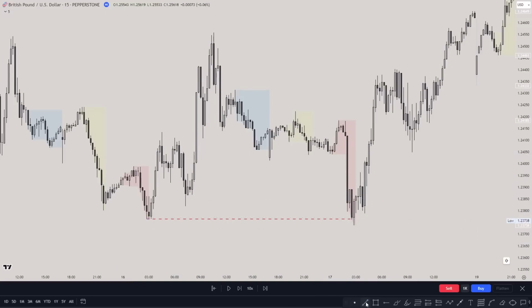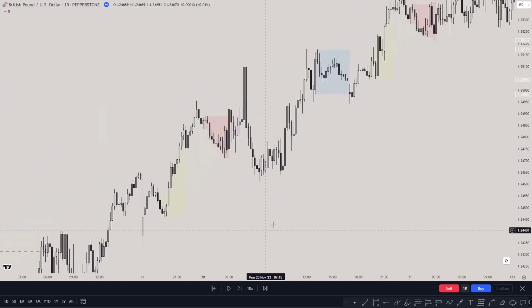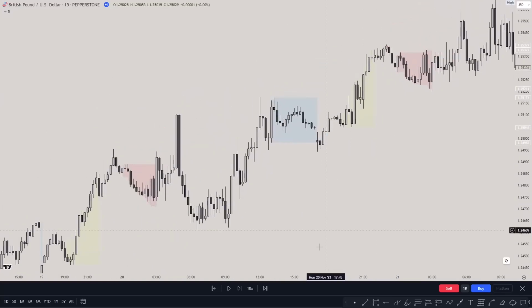And why is this more valid than, for example, taking this high? Because the daily bias using the EMAs method is telling us to go up. So you see, this one is holding more than this one. Now, if we go more to the right, this is my Asian session right here. And we can see the Asian low, but there is also this low that I would say is part of the Asian session.